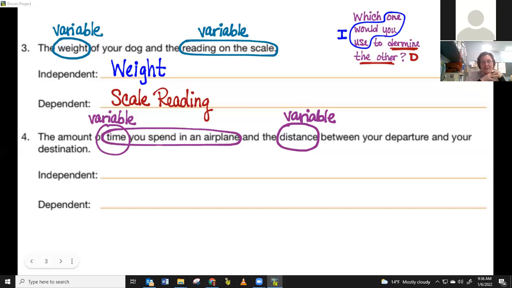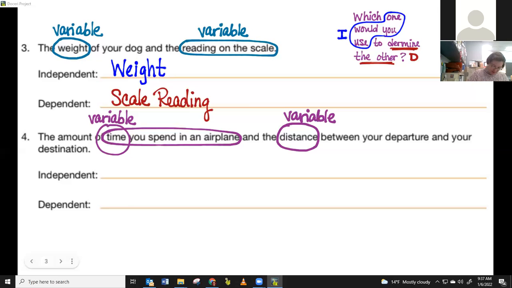Are you planning the trip? If you're still planning the trip and you're like, I don't want to be in the plane that long, then you might decide how long you want to spend in the airplane first and use that to determine where you would go. So I think you could kind of go either way on this one. I feel like I need some more information, but the majority of the class said that time was dependent.